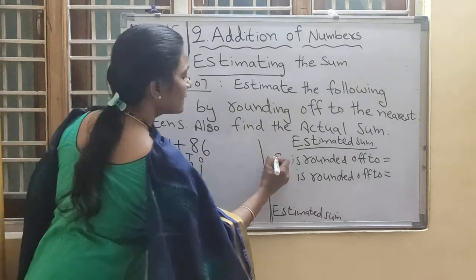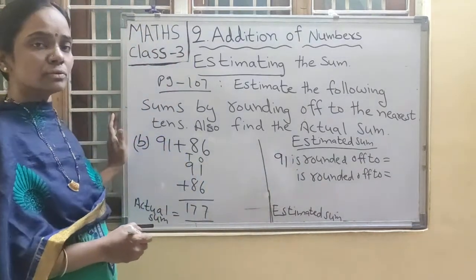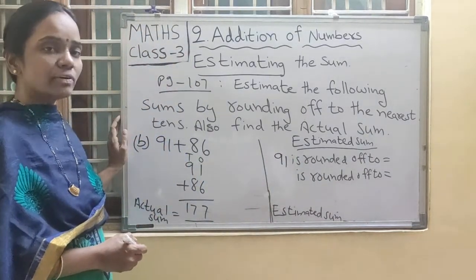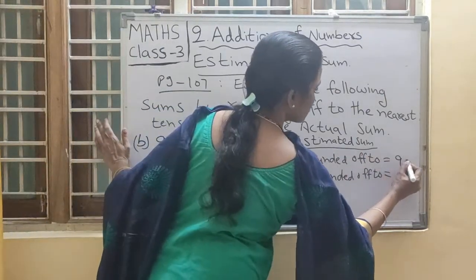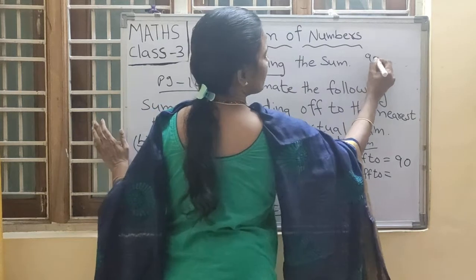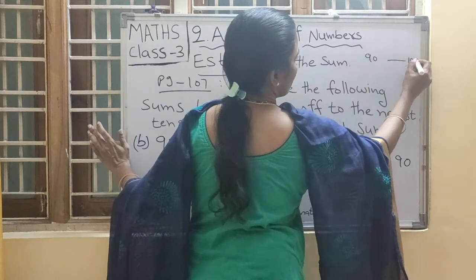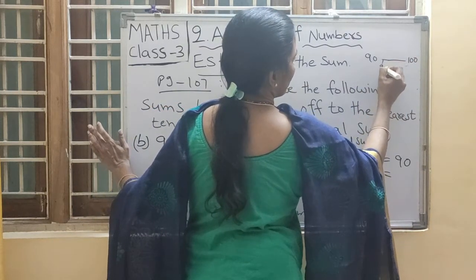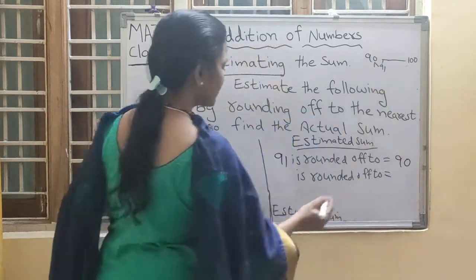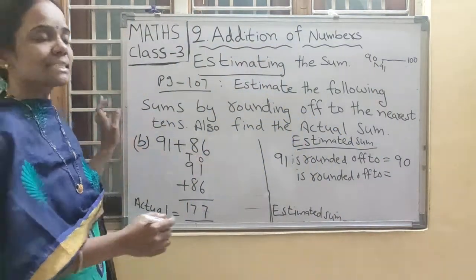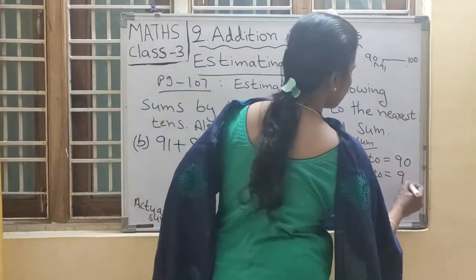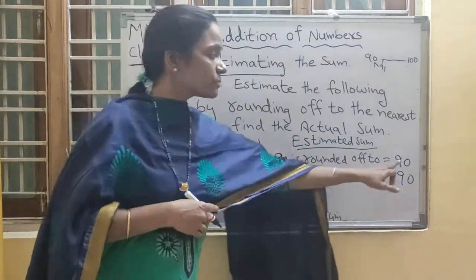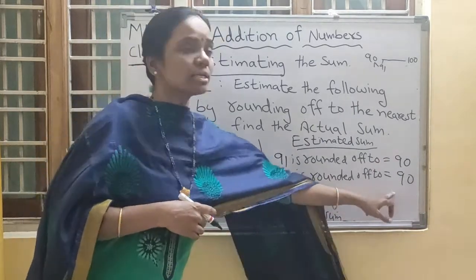So here 91 is rounded off to which number, children? 91 is close to 90 or 100? Yes, it is nearest to 90. And what about 86? 86 is also nearest to 90. Means 91 is rounded off to 90, 86 is rounded off to 90.